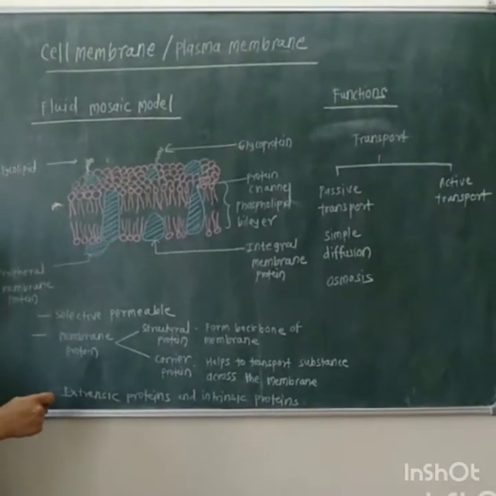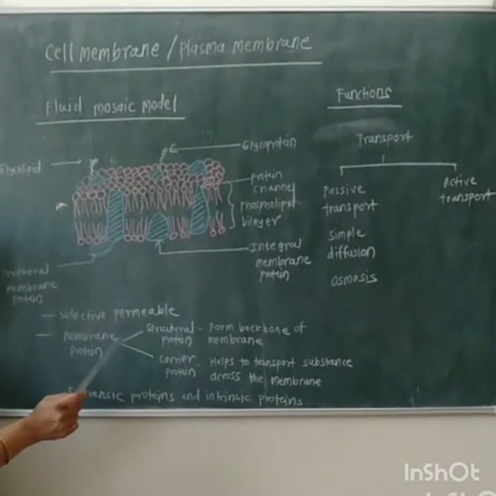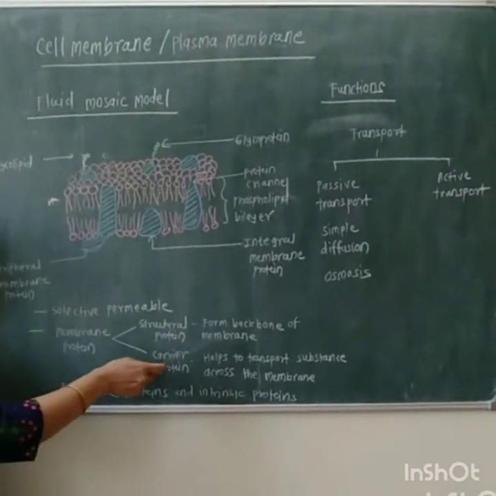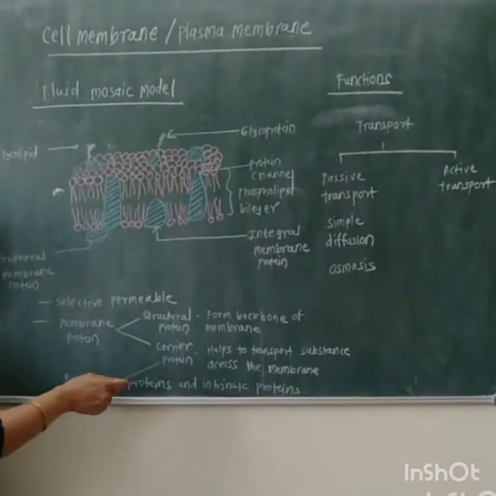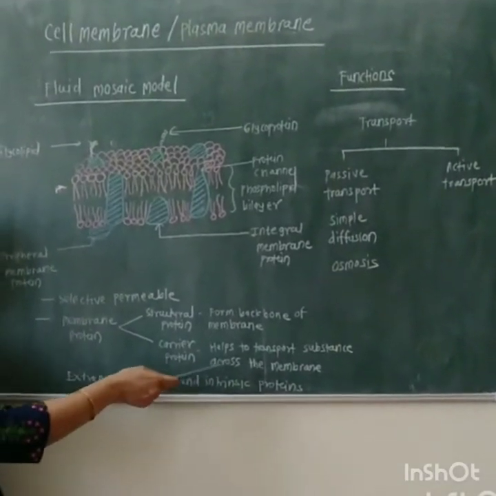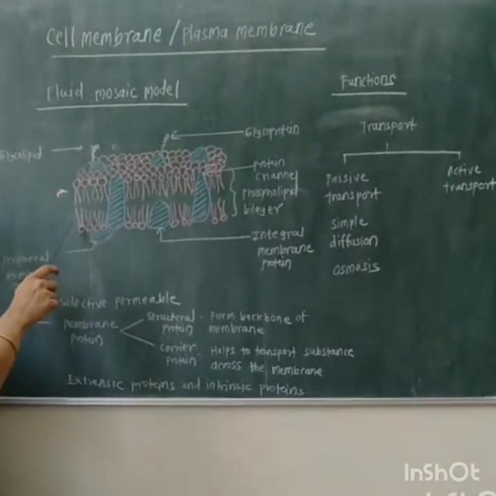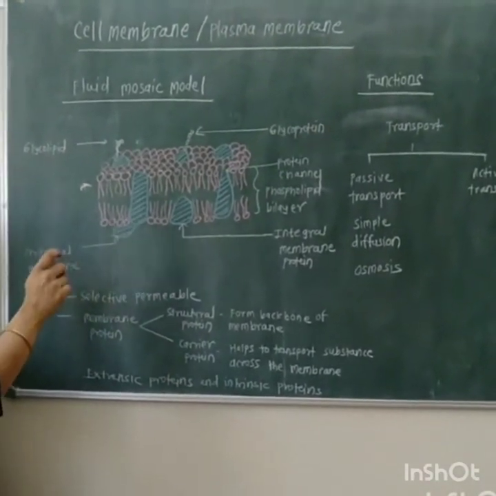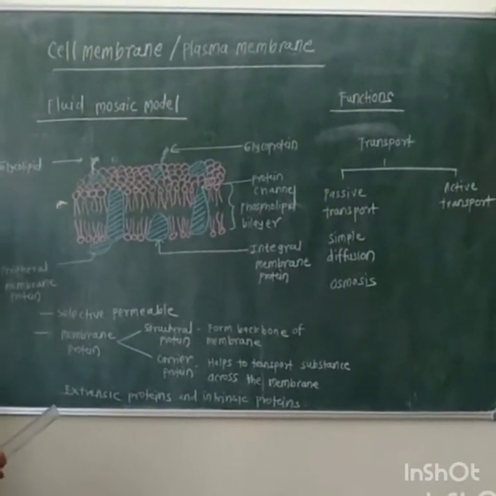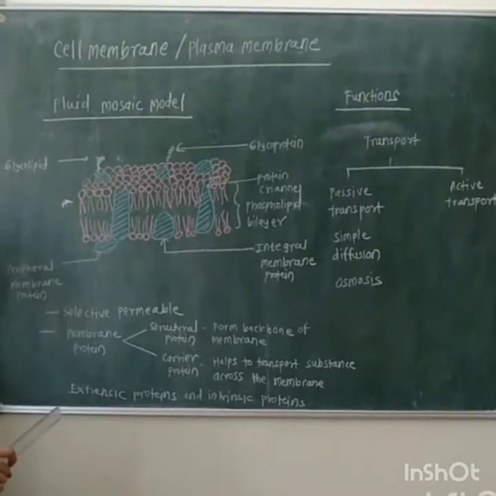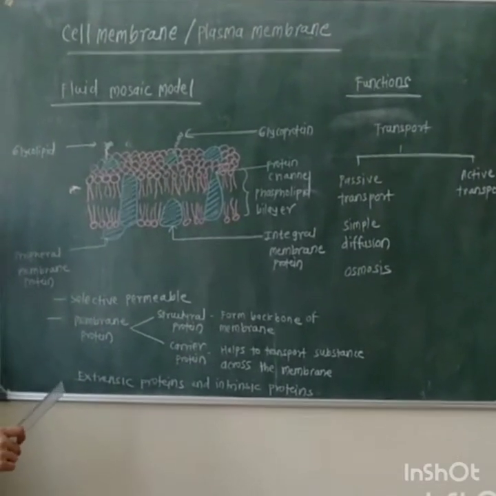There are also two types of membrane proteins, structural protein and carrier protein. Structural protein forms the backbone of the membrane. Carrier protein helps to transport substances across the membrane. As the phospholipid shows a hydrophilic head and hydrophobic tail, it is also called amphipathic.